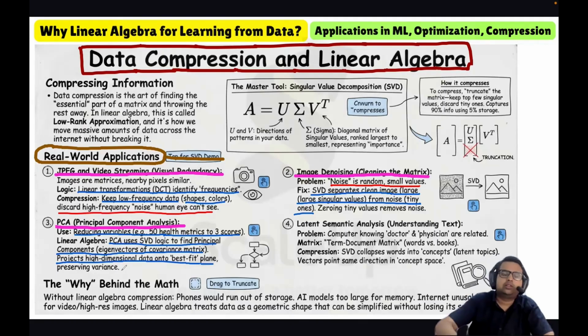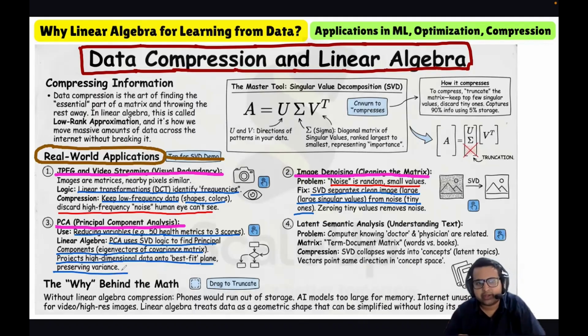So what principal component analysis does is that, whatever data we have, first we calculate the covariance matrix of it, and using it we determine the eigenvectors and eigenvalues. And then we transform the features, like 50 features, into 6 to 7 features.